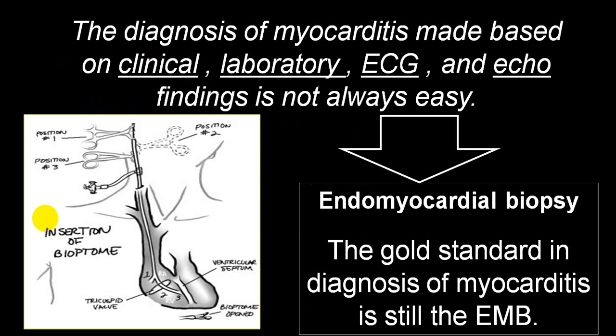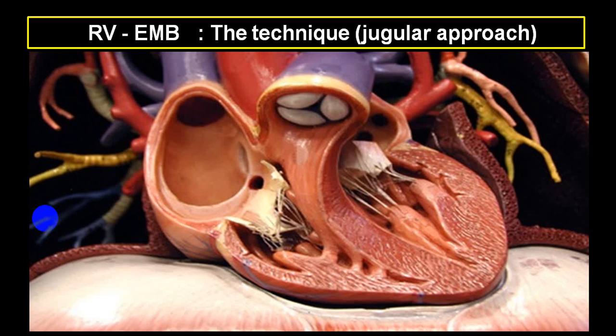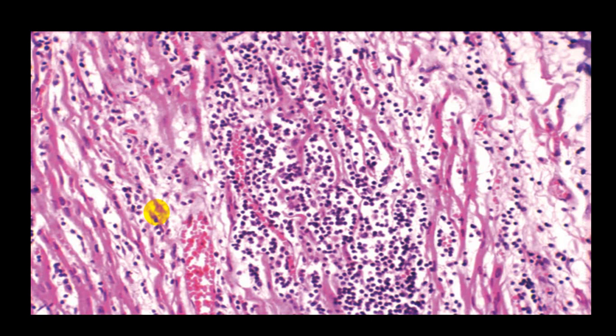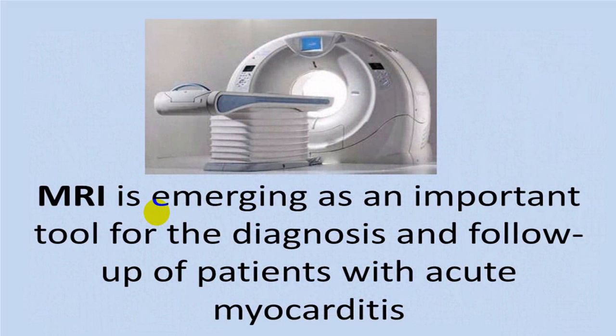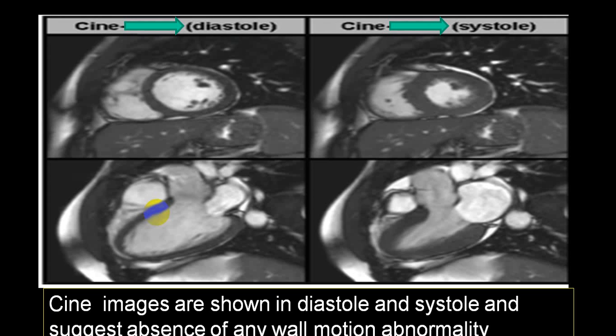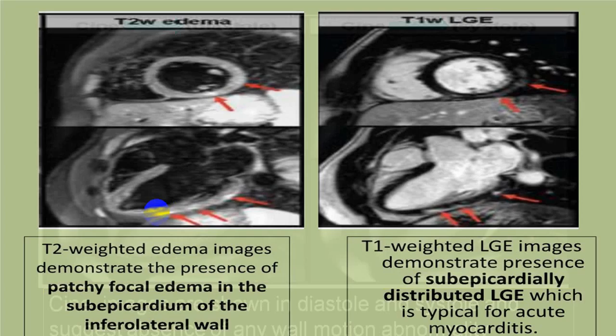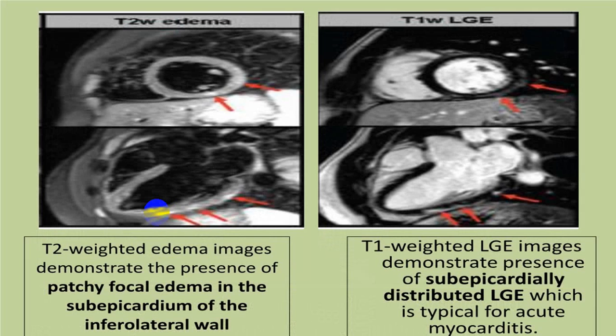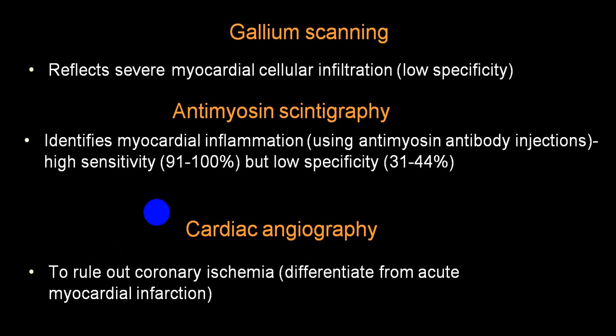A good number of times it is being done and it is indicated, and you can get a histopathological classification. MRI with scan can give you the severity of involvement of the myocardium. These are different types of scans: gallium scan, anti-myosin scan.